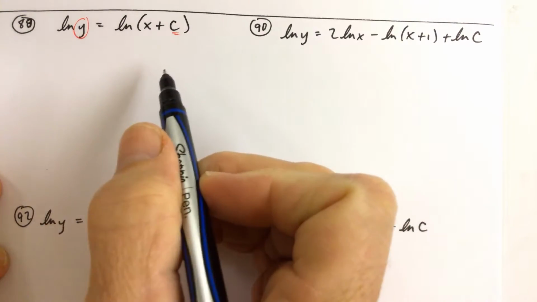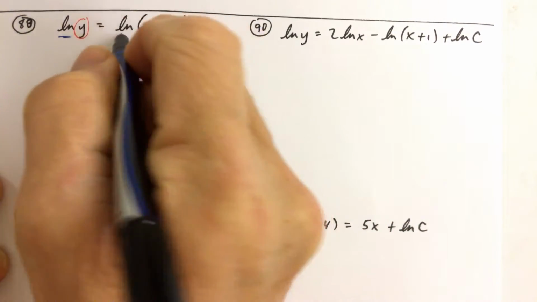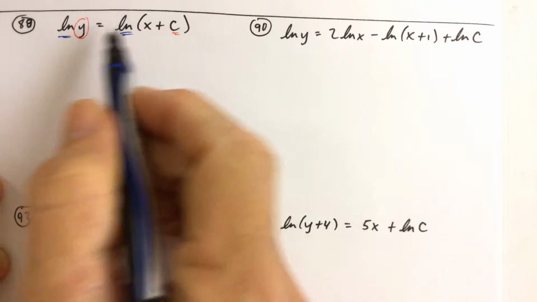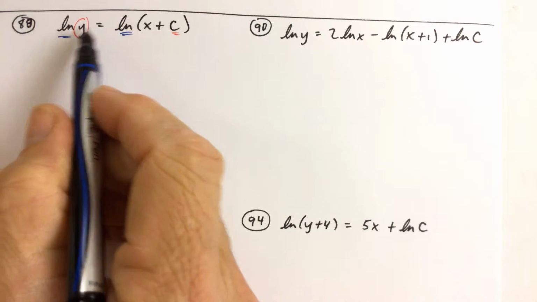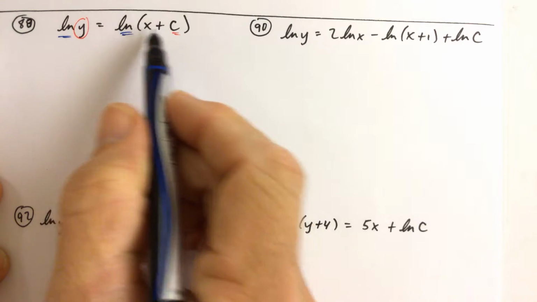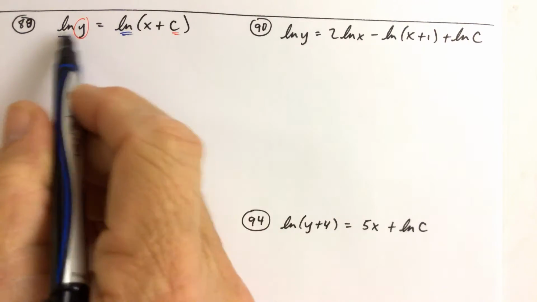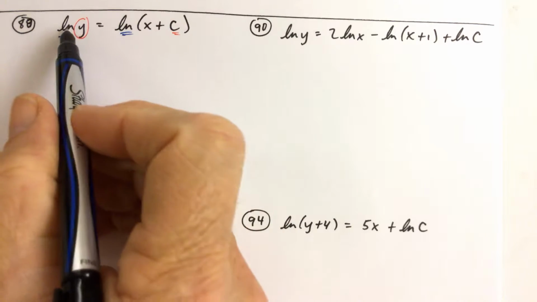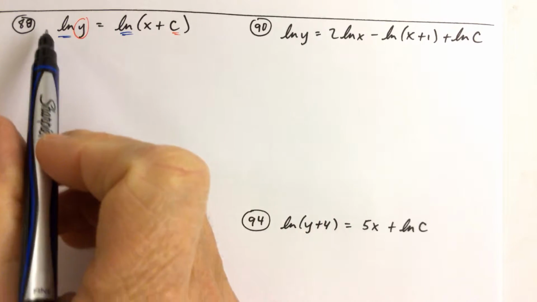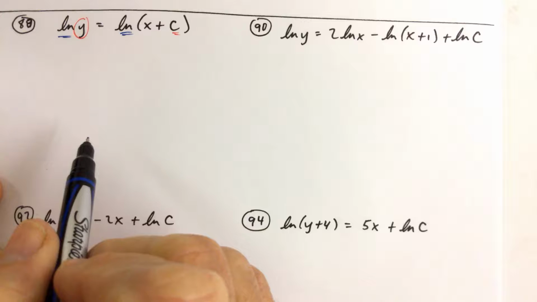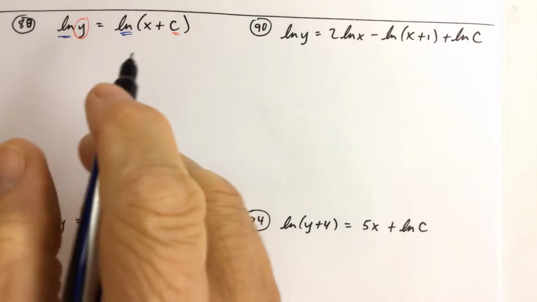For number 88, we can see that on both sides of the equal sign we have log of something. If we have the log of something equals the log of something else, and those two logs have the same base, which they do, they're both base e. In fact, every problem in this section up through 96 has log base e.